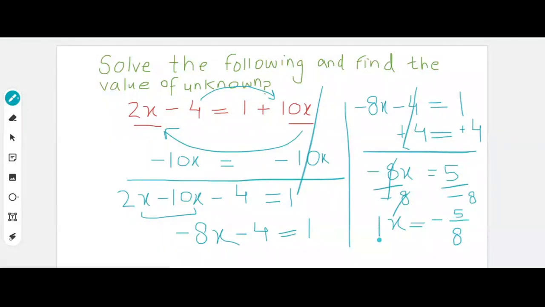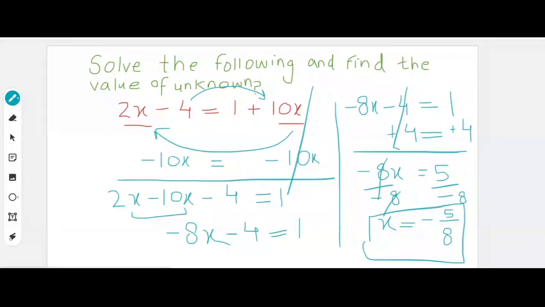So this is our answer for this question. 2x minus 4 equal to 1 plus 10x, where the value of x is equal to minus 5 by 8. Let's move to the next question now.